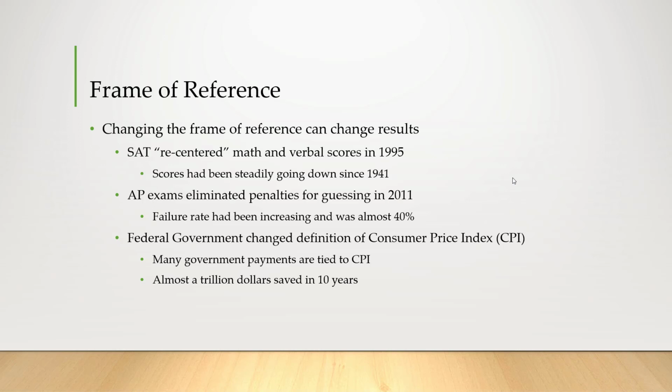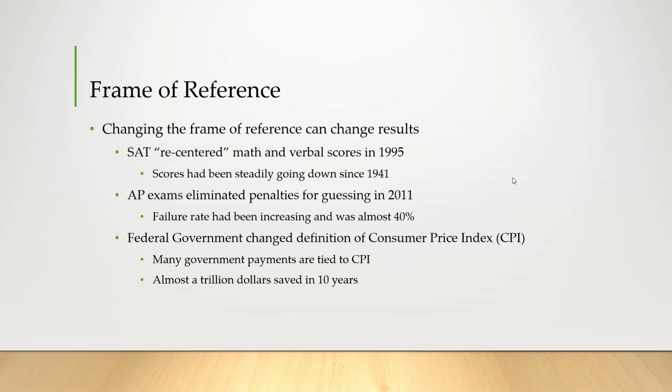So if you missed those 5 questions and you guessed a wrong answer, you were actually penalized for a wrong answer. So there's some algorithm that they use, and it would actually reduce your score from a 20 out of 25 to lower. Because of that, we had an increase of failure rate of almost 40%.